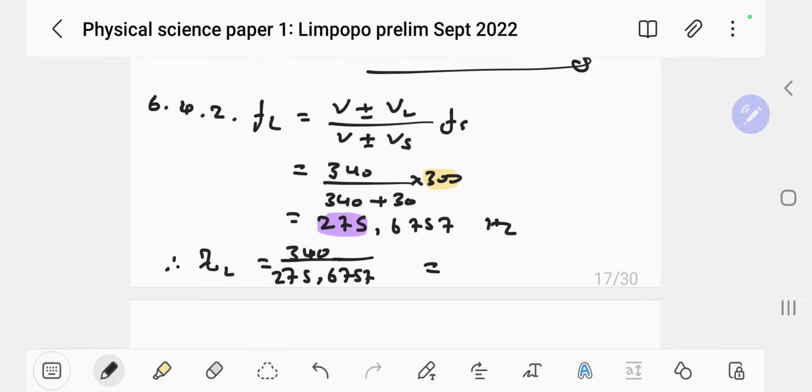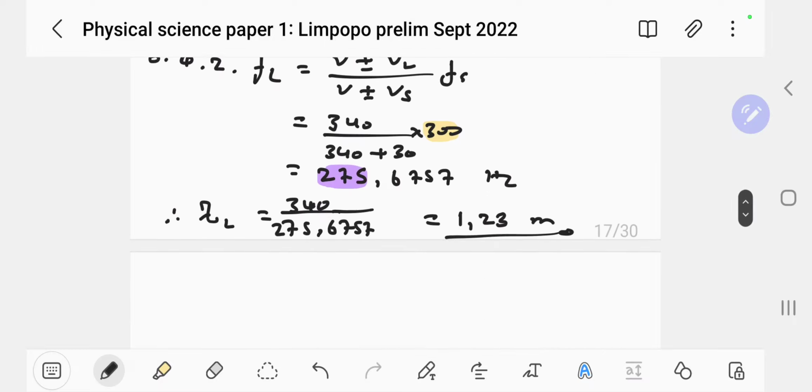6757, and then I'm also getting here 1,23 meters, which is the answer. Okay, so what is the story here?